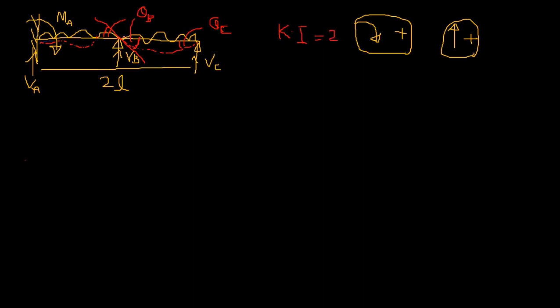If it is axially rigid, these translations are negligible, right? So I'm restraining these displacements. I'm bringing them down to 0. If I fix here, theta B is 0. If I fix here, theta C is 0, right?